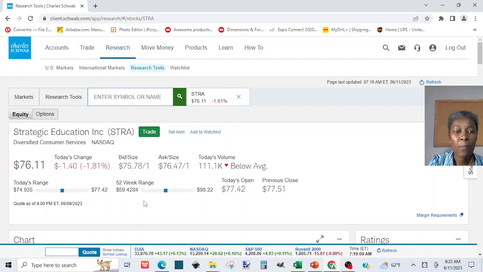And it just comes into play when you are ready to purchase something. You want to place an order when the price it is selling at, which is here $76.11, is closer to the 52 weeks low than it is to the 52 weeks high. So you want to buy it low. And at this point, it's getting close to the middle, but it's still close to the low.